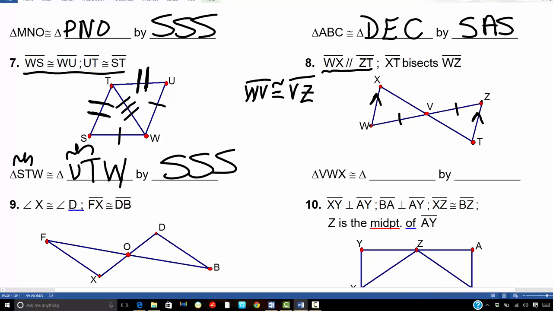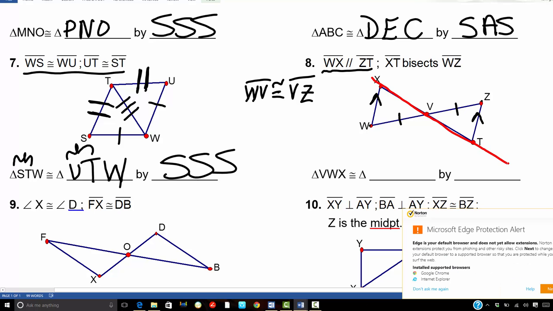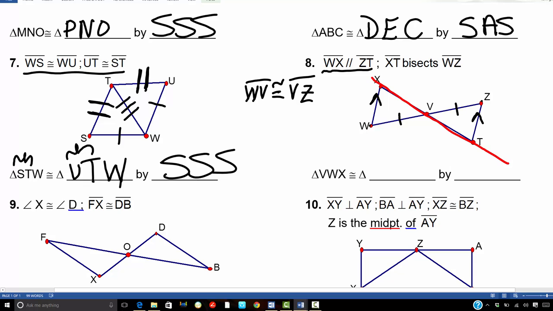We have looked at a problem with parallel lines already. So again, if you can't see it, notice you got 2 parallel lines and they're being cut by this red transversal basically here. So that tells us that this angle and this angle are alternate interior angles, because they're being cut by a transversal.